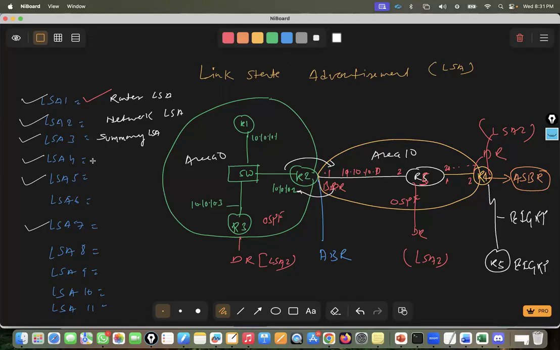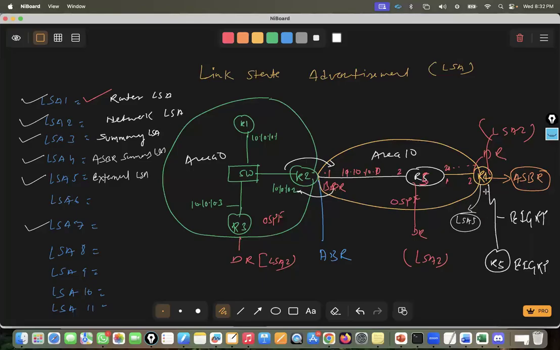This is known as the ASBR summary LSA. This is known as the external LSA. So whatever external route we are redistributing is going to be redistributed as an LSA5.